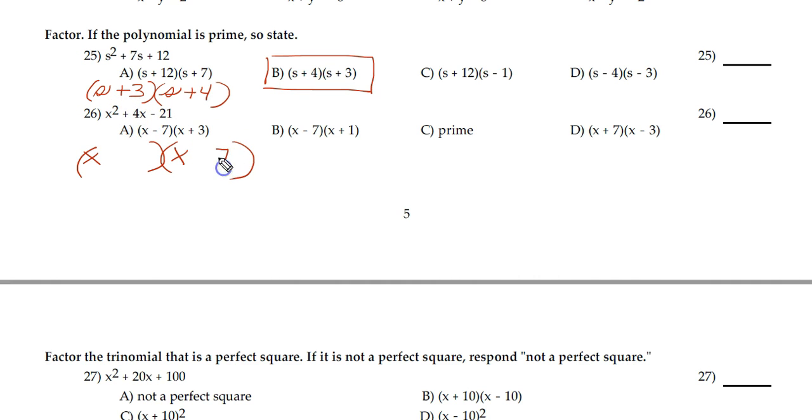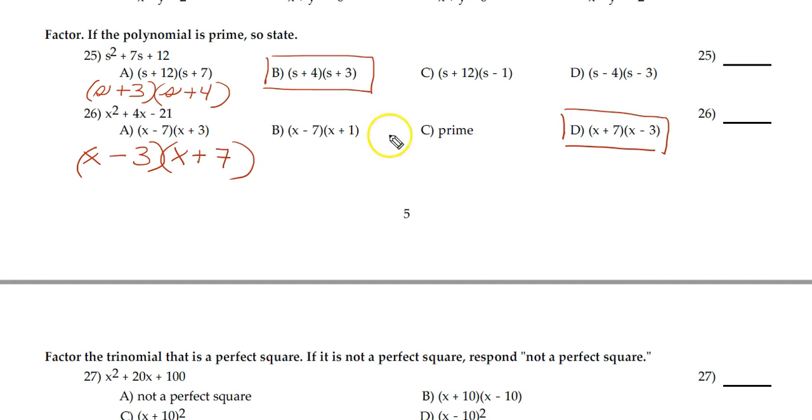Well, 7 and a 3 give me a 21, and I need a positive 4 in the middle, so my outers will be a plus, my inners will be a negative, and when I FOIL, I get this, and then this matches up with D.